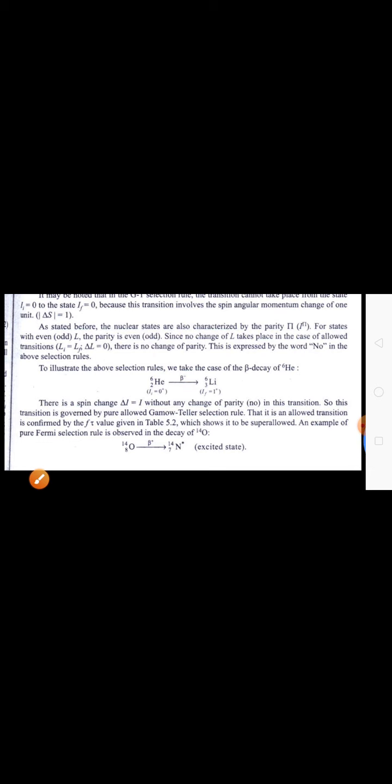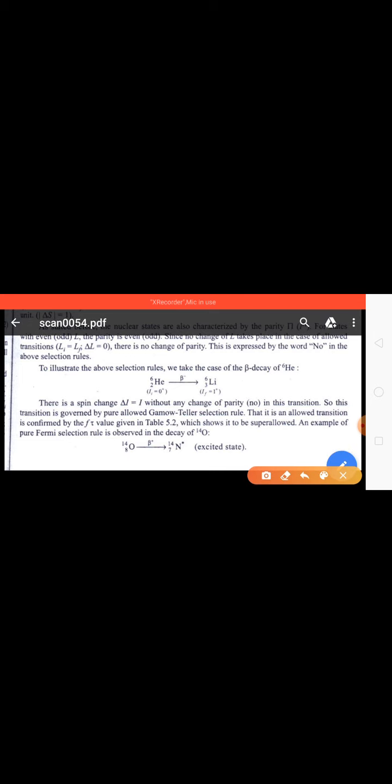To illustrate the above selection rules, we take the case of beta decay of helium-6. You can see here 2He6, which undergoes beta negative transition. What you will get is lithium. Here 2He6 has spin 0 and parity positive.